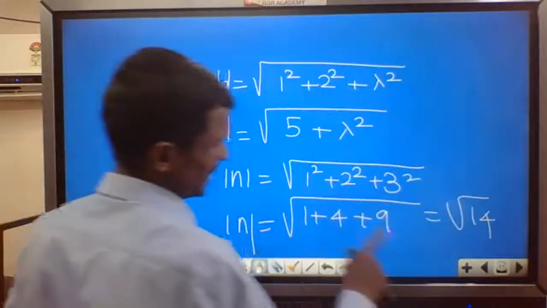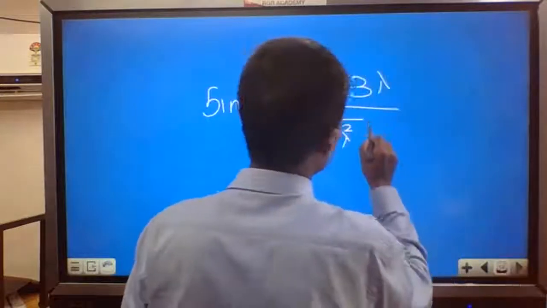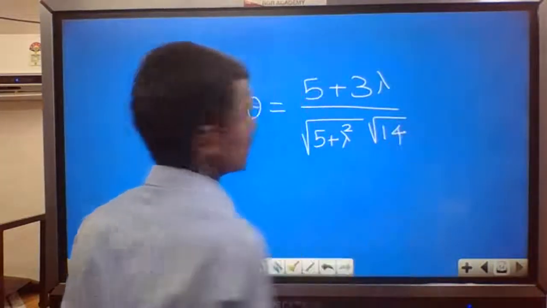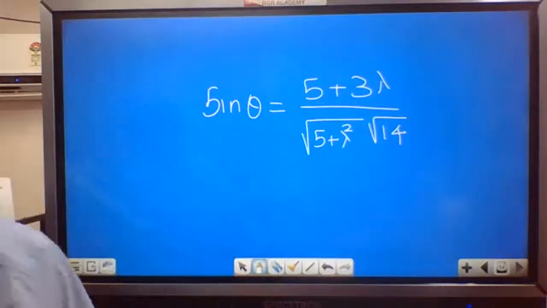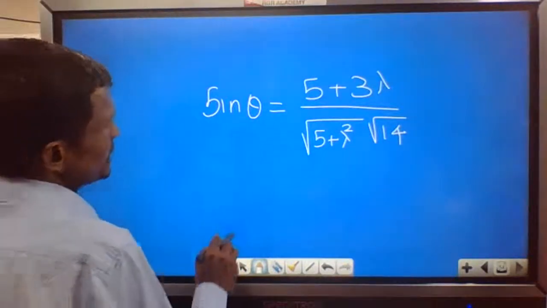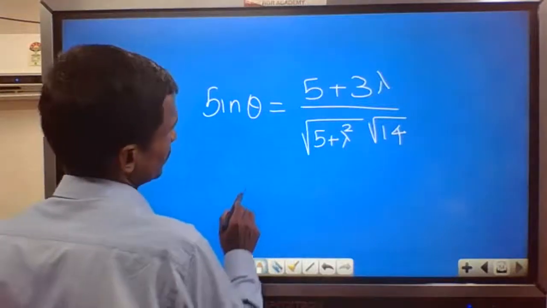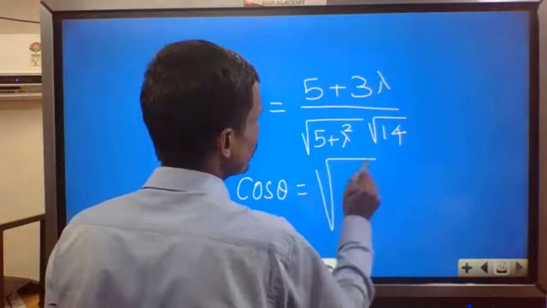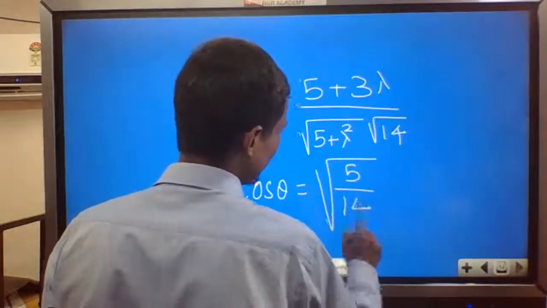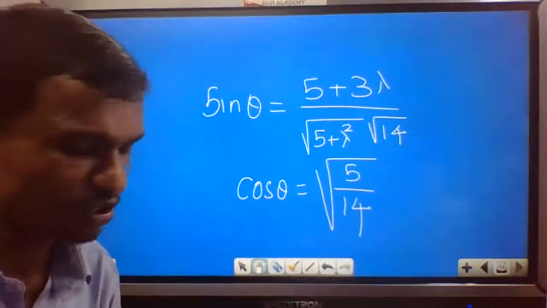What is the modulus n? Root 14. But in this problem, the cos theta is equivalent to root of 5 divided by 14. But we want sin theta.